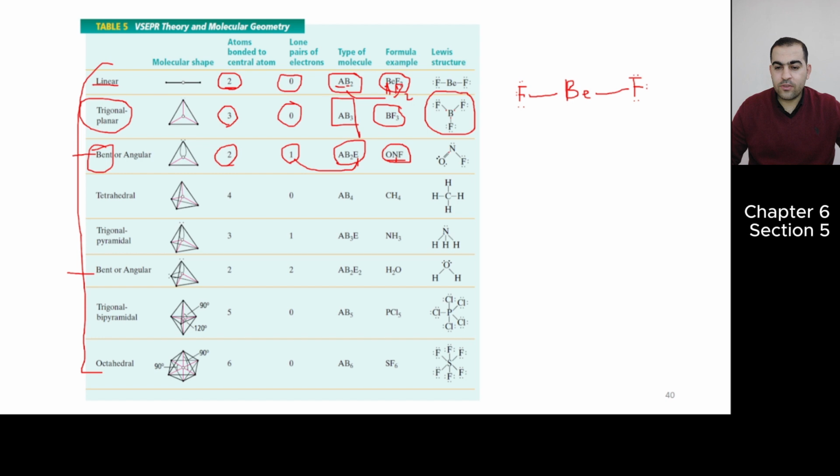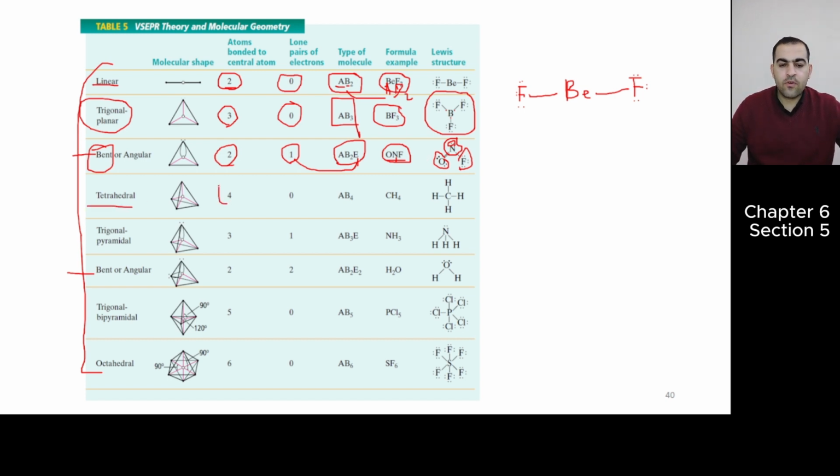So the other 2 will bond with oxygen. Now, guys, there is a double bond, but it doesn't affect the shape. What's important? How many atoms are bonded to the central atom? 2. And the central atom has a lone pair. Here, this is a lone pair: 2 dots, 2 electrons. So this is going to be bent.